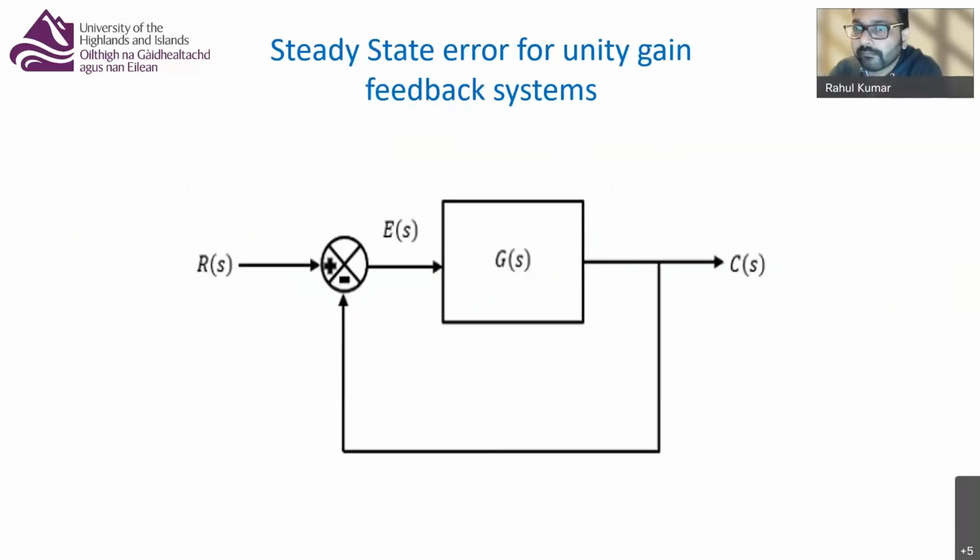Now let's talk about the steady state error for a unity gain feedback system. Unity gain feedback means in the feedback your gain is 1.